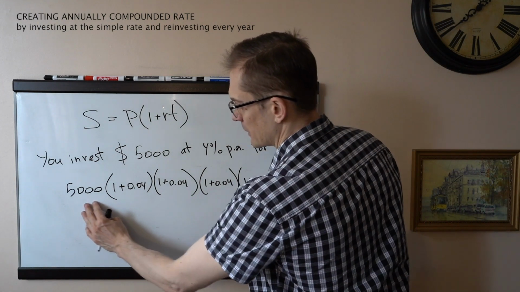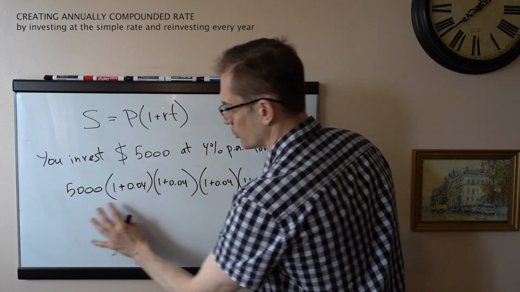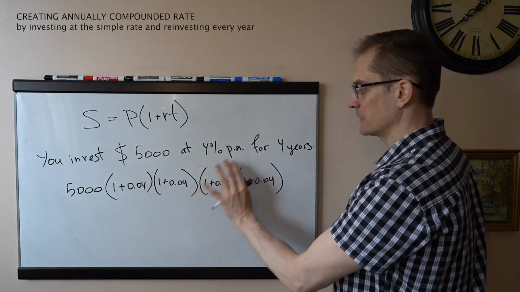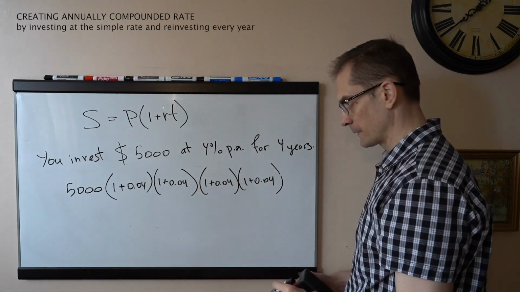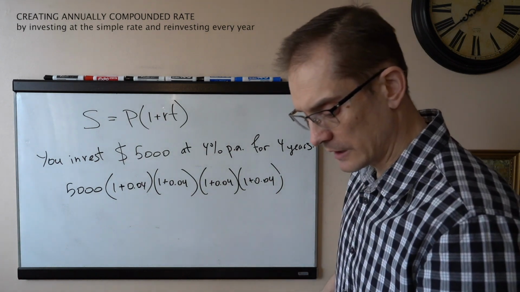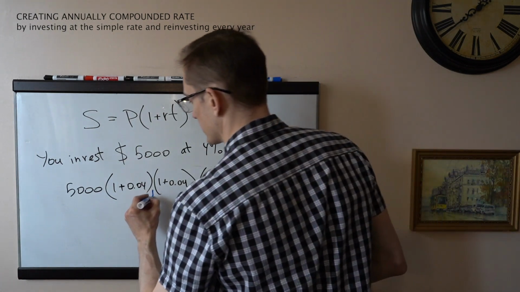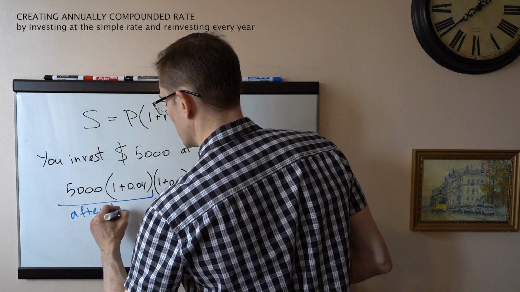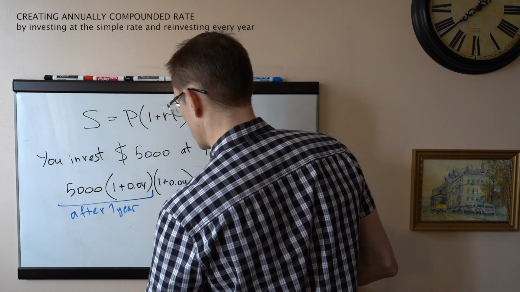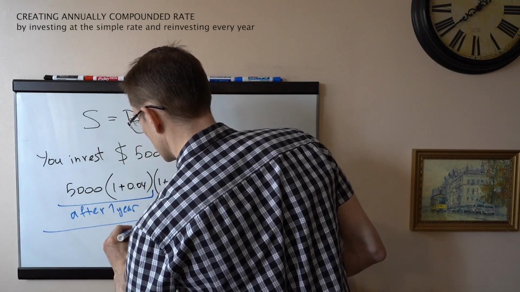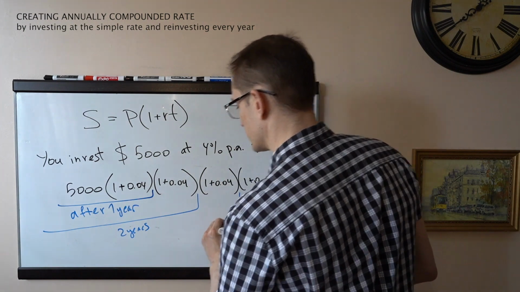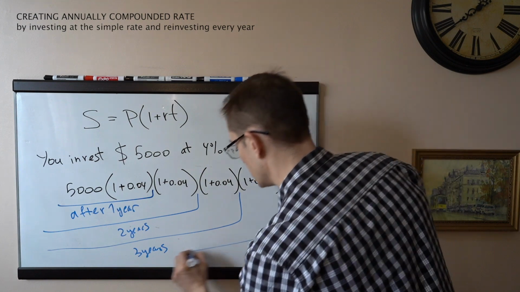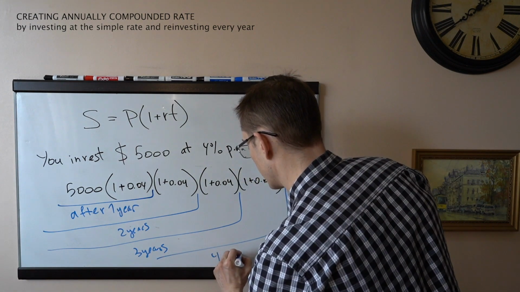So you should realize what's happening here, right? First, $5,000 grows for the first year, then whatever that becomes grows for another year, then whatever that becomes grows for the 3rd year and for the 4th year. Okay? And maybe just to make it absolutely clear, this is after 1 year, and this is after 2 years, and this is after 3 years, and this is after 4 years.